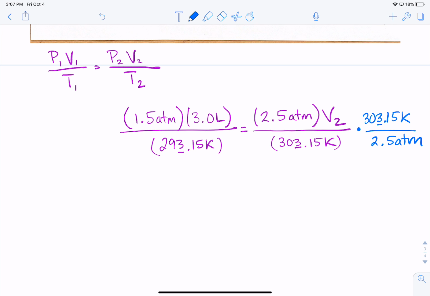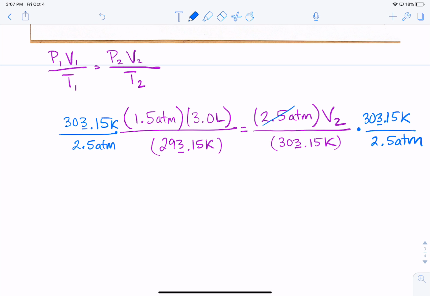Notice I'm being really meticulous about using all my units. When you're doing combined gas law, it becomes really important because you can just kind of lose track of everything if you don't. And before I do all that math, I need to make sure everything is set up correctly.